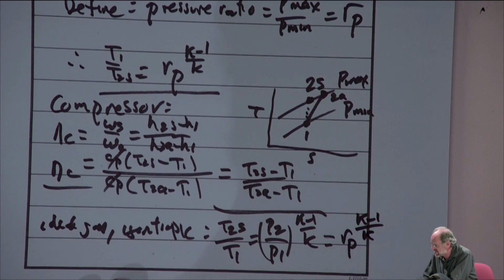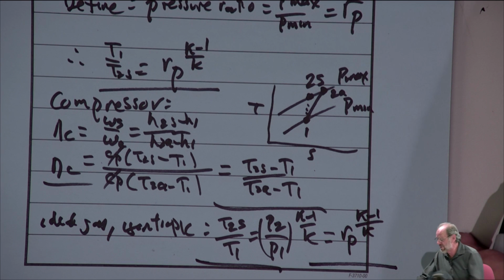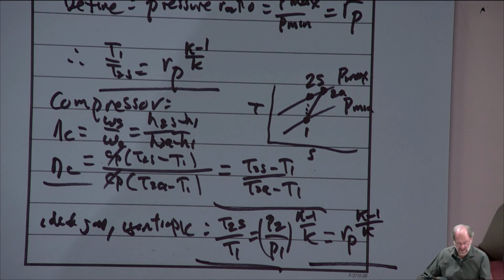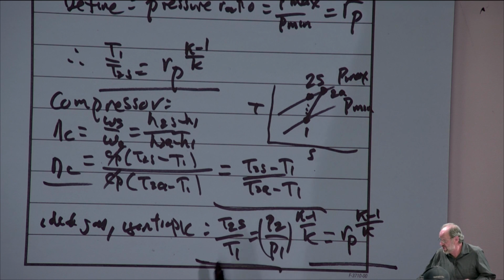So this equation is then the one that you're going to use for the compressor in order to get T2S. And again, once you have T2S, you'll know T1, right? You'll know the pressure ratio. K is just the ratio of specific heats for any gas. We just look up that data in table A1 or A2. Actually, I guess it's A2 for that data, right?